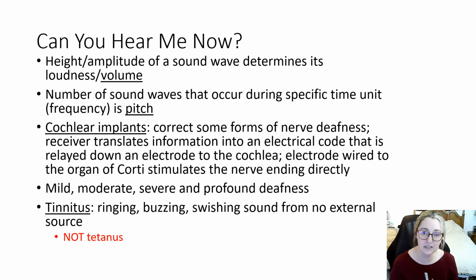Tetanus is a bacteria found in rust. Tinnitus is a ringing, buzzing, or swishing sound from no external source. This is going to come from within the cochlea. And that is basically forever. Once tinnitus starts, it is damage to the ear. There's no way to fix it. And I've heard that it sounds like constant crickets in your ear. It's not pleasant.